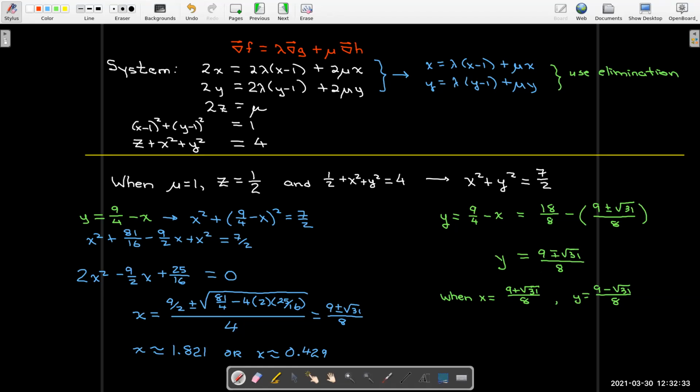So really what that says is that when x is 9 plus radical 31 over 8, y is going to be its conjugate, 9 minus radical 31 over 8. And likewise, when x equals 9 minus radical 31 over 8, y will be 9 plus radical 31 over 8.